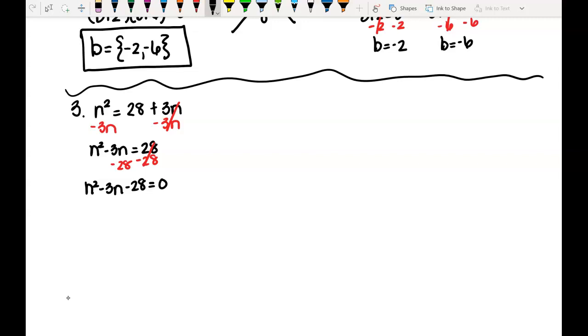And again, now that I have one side in standard form, the other side equal to 0, I look to see if there's a greatest common factor, which there is not going to be. So a equals 1, b equals -3, c equals -28.